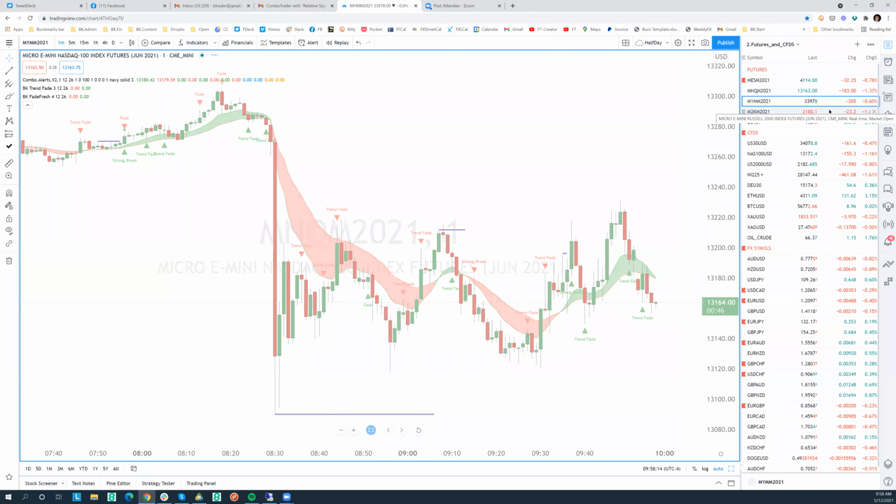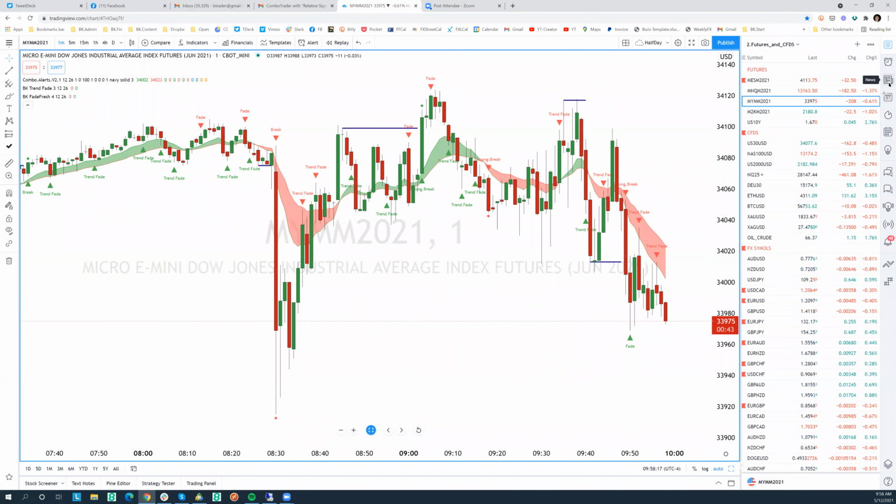Let's see what we got on the Dow. There was another trend fade in the Dow right over here that would have worked for us as well. All right, let's watch the Dow a little bit. Maybe Dow is kind of a little calmer for us. Let's see if we can get anything going over here. Dow is actually, so we have 1, 2, 3.